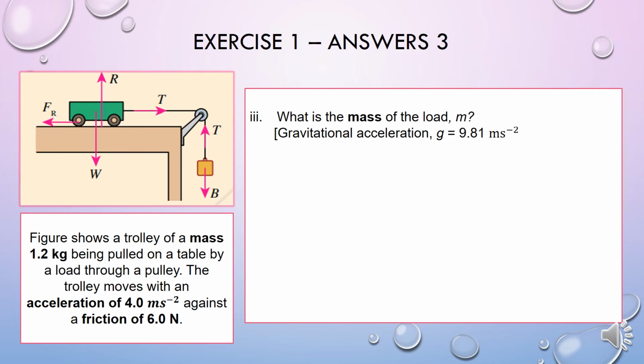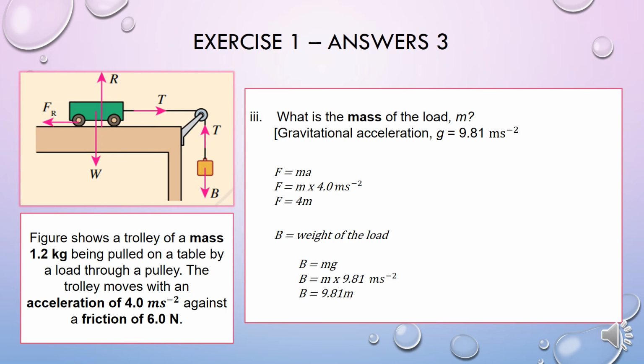Answer for number 3. Calculate the mass of the load. First, you need to find the resultant force using F equal to ma. Given acceleration a is 4.0 meters per second square and the value of m is unknown, so you will get F equal to 4m. Next, you need to find the weight of the load W. By using the formula W equal to mg, m is unknown and the value of g is given as 9.81 meters per second square.